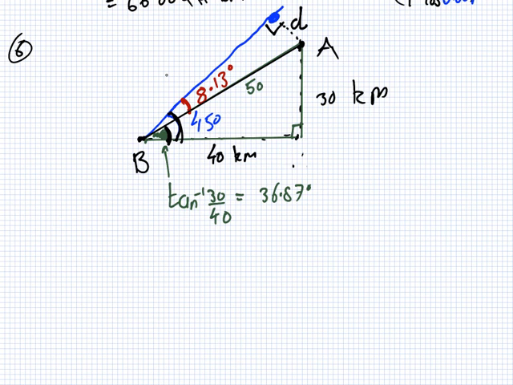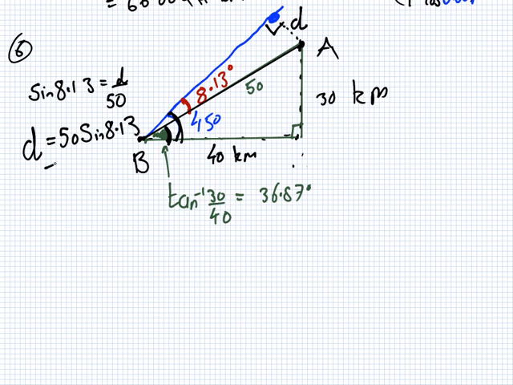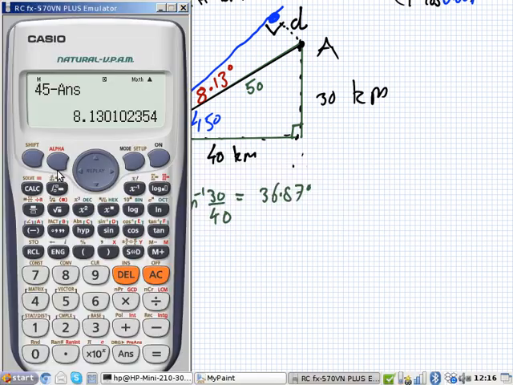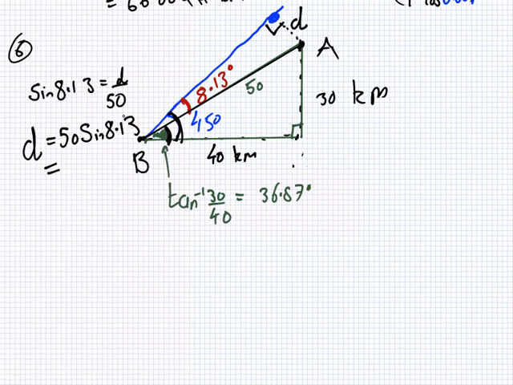Sine, cos, or tan? Sine. Sine 8.13 equals D over 50. So we have our first answer. D is 50 sine 8.13. So that is, you have the answer? 7.07, thank you. 7.07 kilometers.